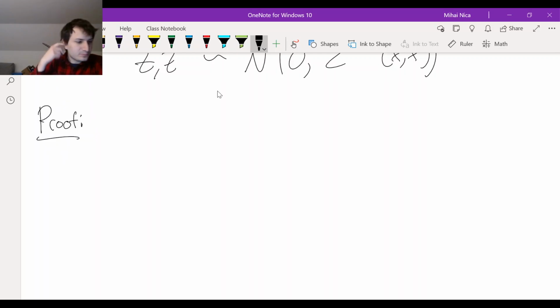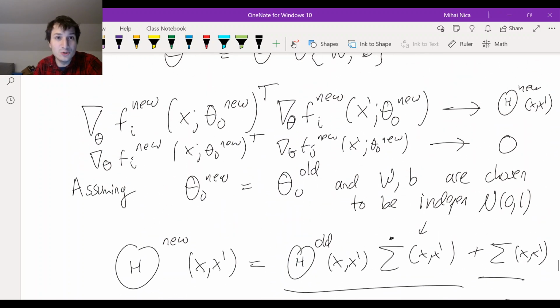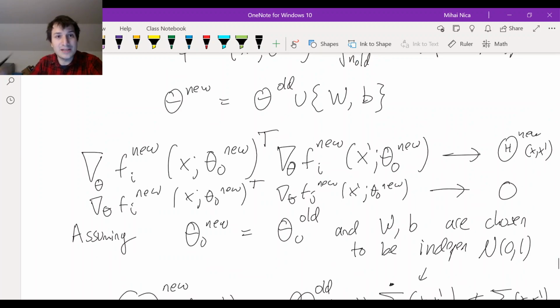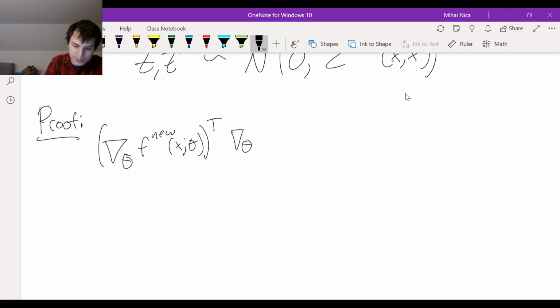So, proof. Step 1 is to separate this, the thing we're trying to prove the convergence of, which is the derivative with respect to these new parameters, and to separate out the derivative with respect to the new parameters as the derivative with respect to the weights and biases plus the derivative with respect to the old parameters. So here's the fact. Theta of f_new, this thing transpose times this. So this is the new parameters.